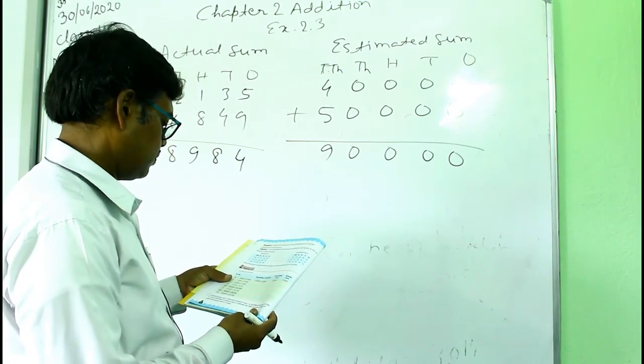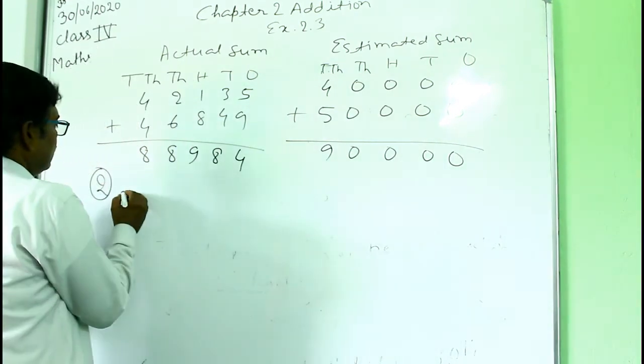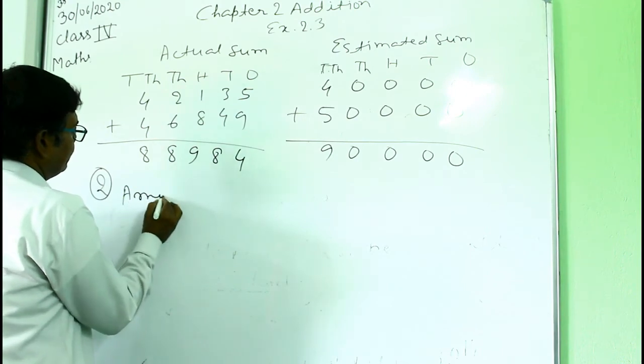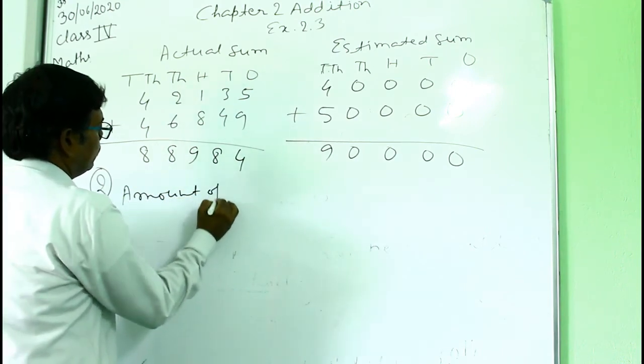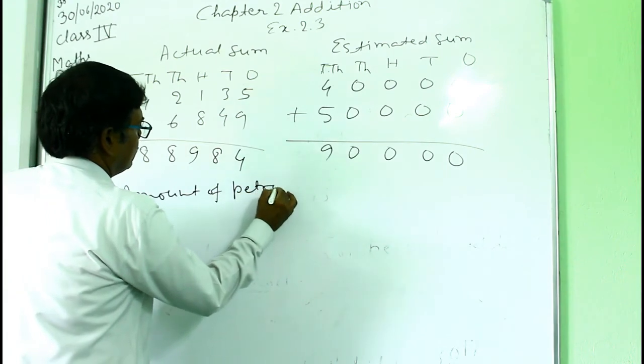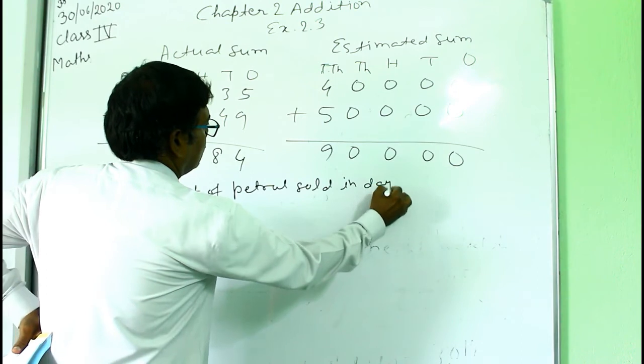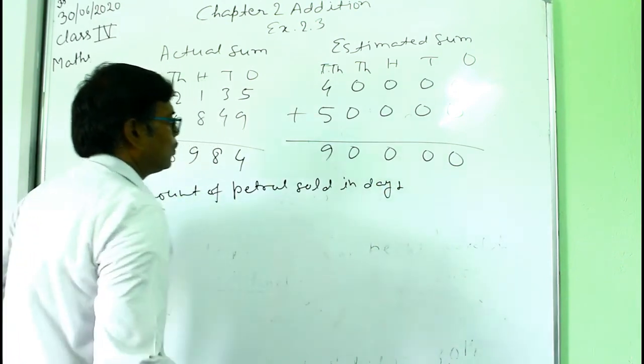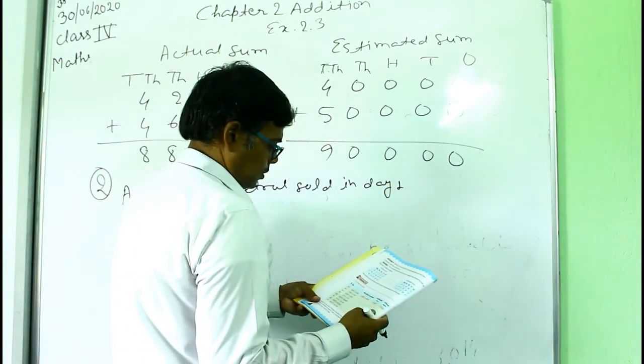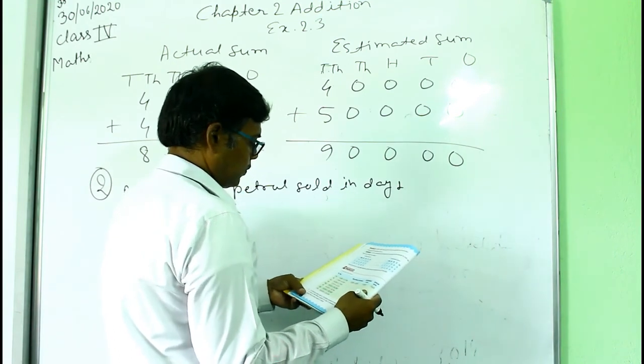So amount of petrol sold in day 1 equal to how much? It is 3730 liters.